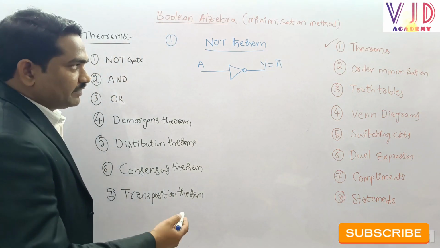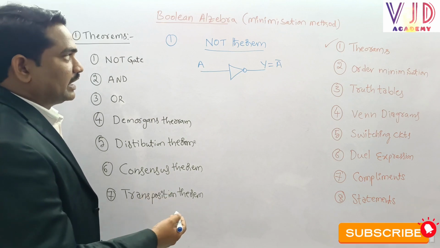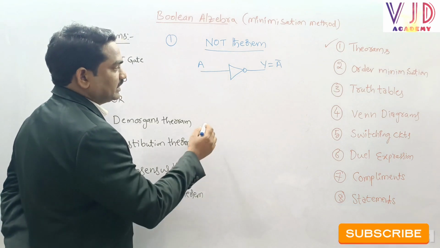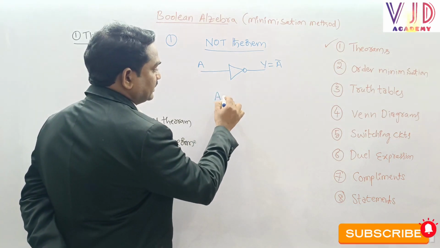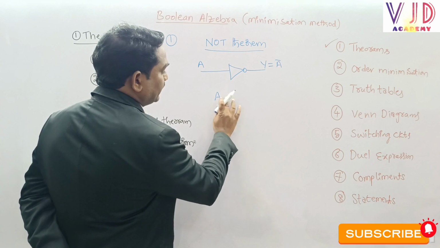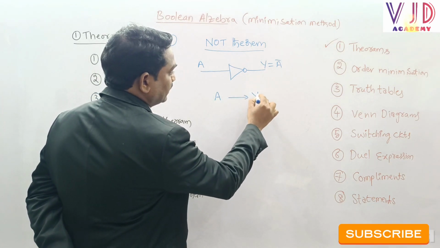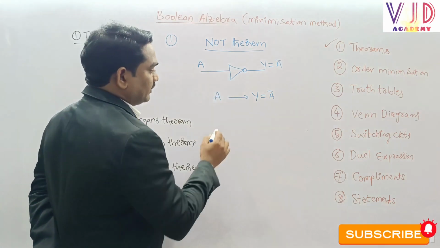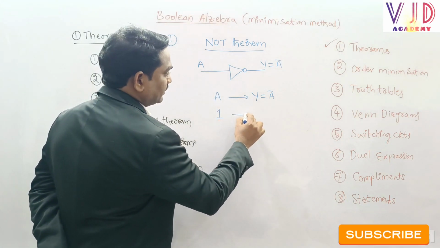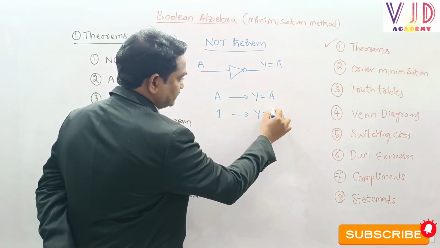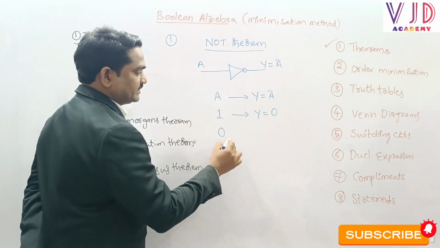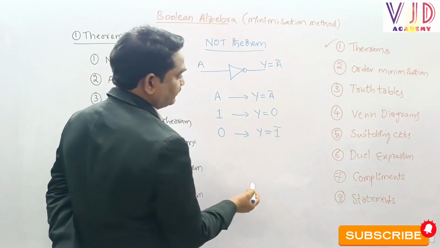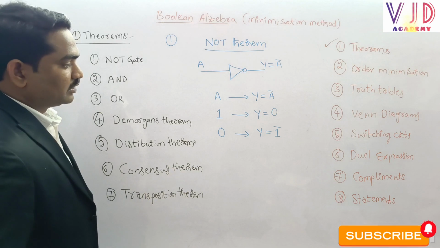So the criteria of this NOT theorem: A is the input, and the output will be Y equal to A bar when A goes through this NOT gate. When we apply 1, we will get Y equal to 0, and when we apply 0, we will get Y equal to 1. These are the things we need to understand in the NOT theorem.